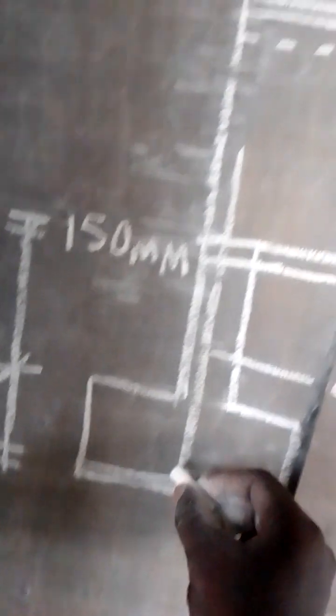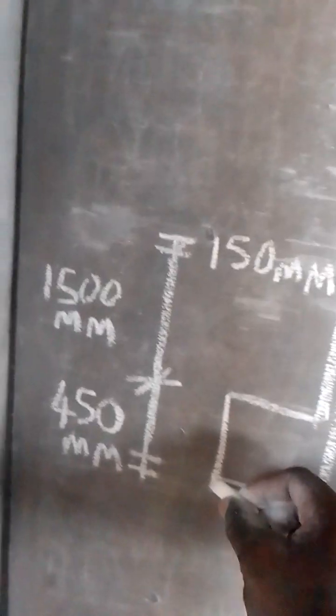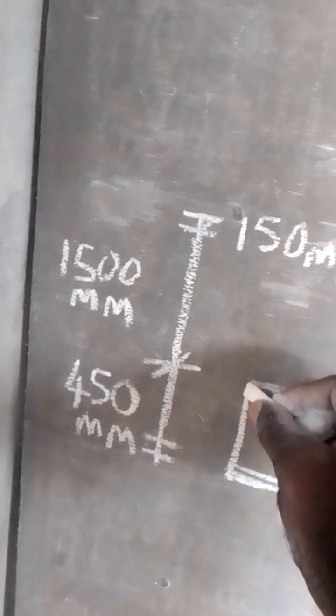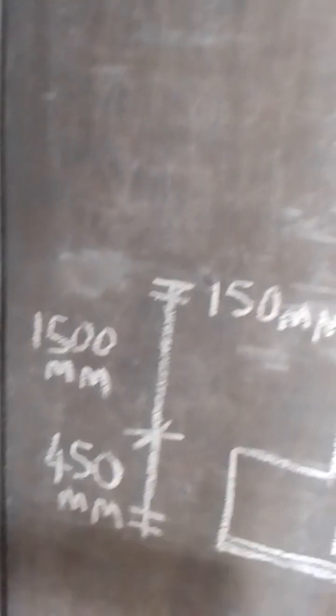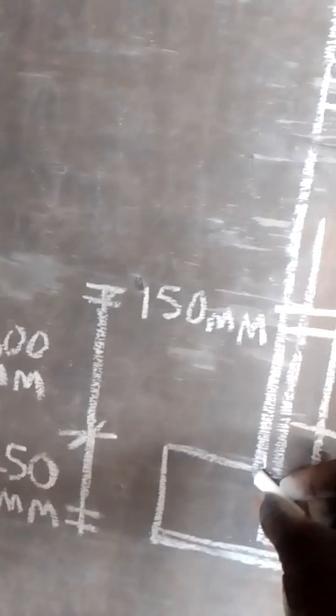Now, let's say the height of the concreting, which is from here to here after the blinding, is 450 millimeter. Now, the next thing is the height of the foundation.